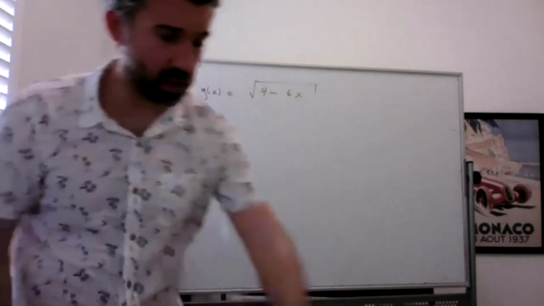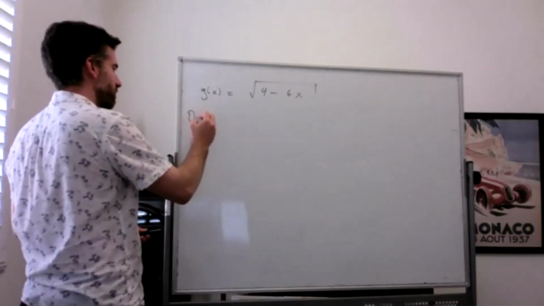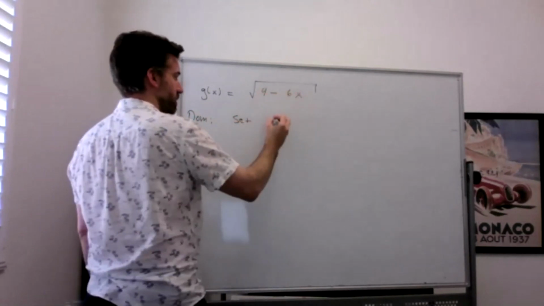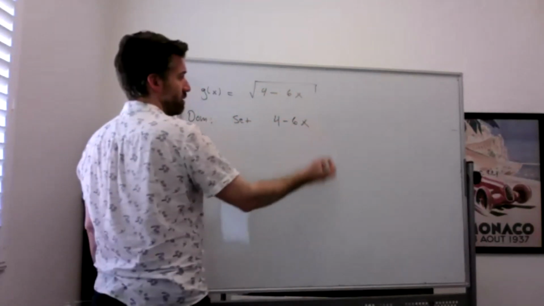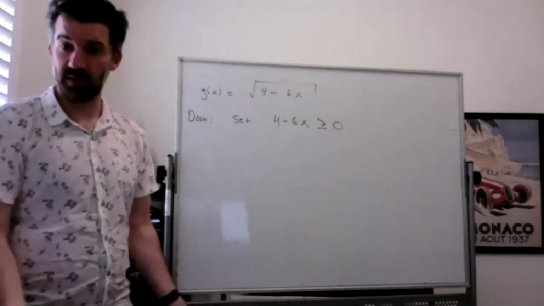So if this was my function and I wanted to find the domain, I would find the domain by setting the insides, so 4 minus 6x, to be non-negative, greater than or equal to 0.